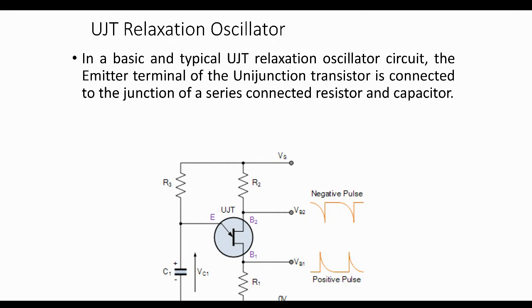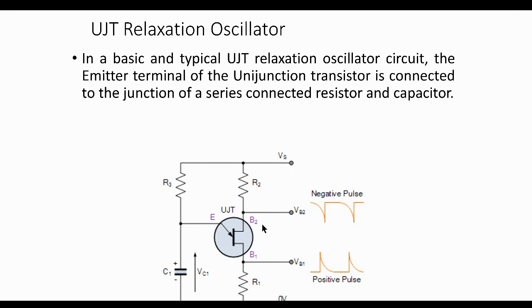You notice we have resistors here, R2, R3, and we have a capacitor at this point. In the next couple of slides, I'll talk more about the external circuitry on your UJT relaxation oscillator.